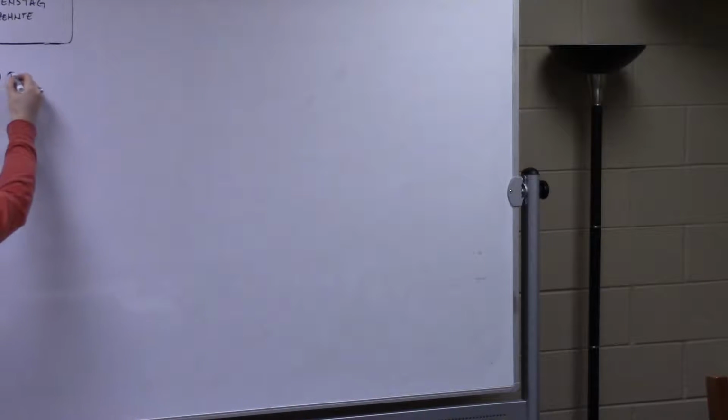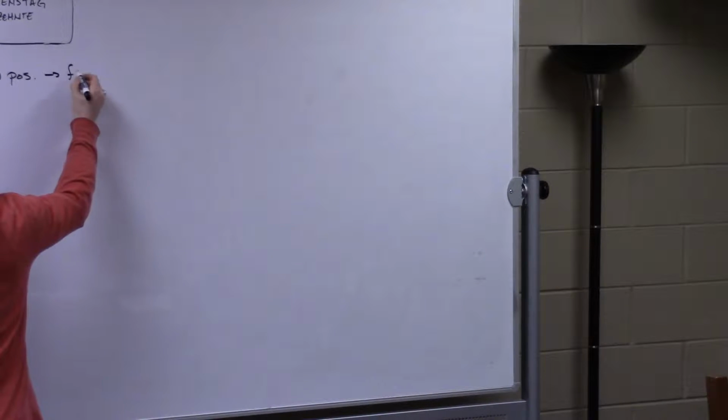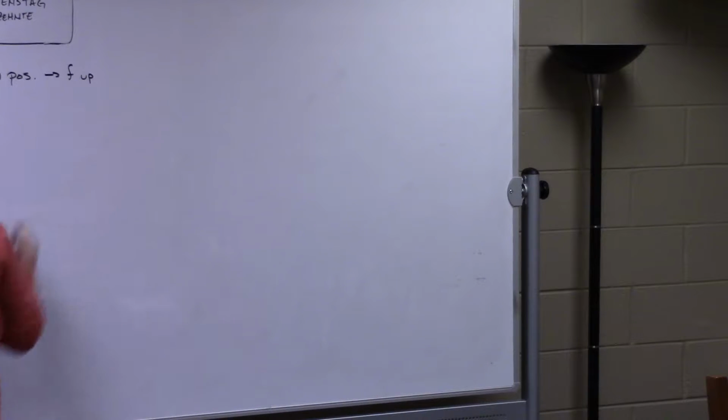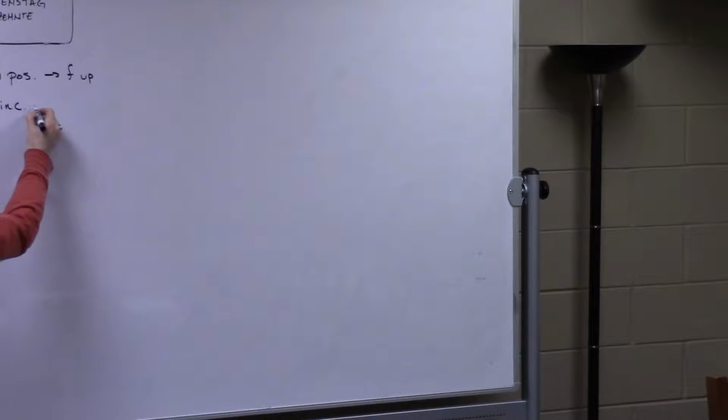What does f prime positive mean about the original function f? If f prime is positive, then the original function f was going up. What about f prime increasing? That was a tricky part.